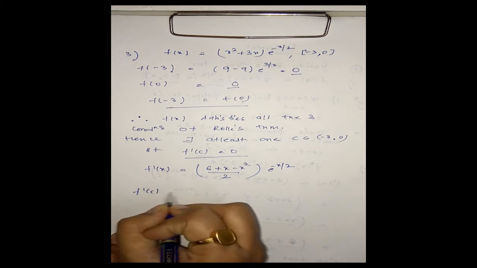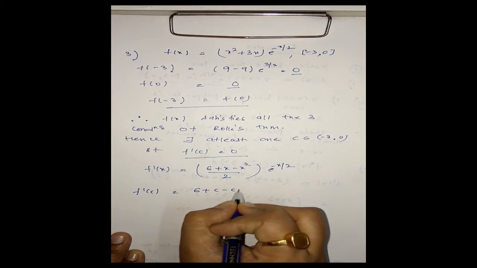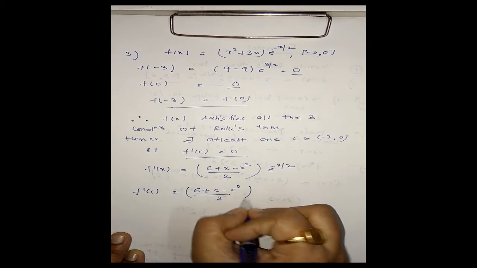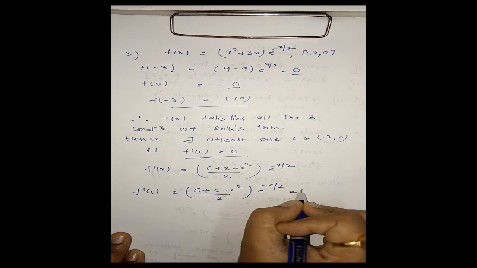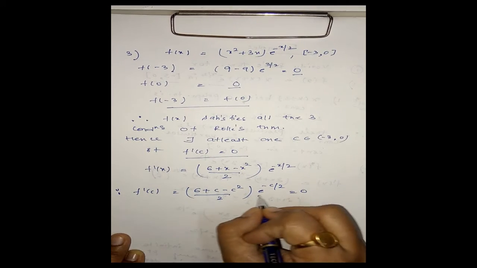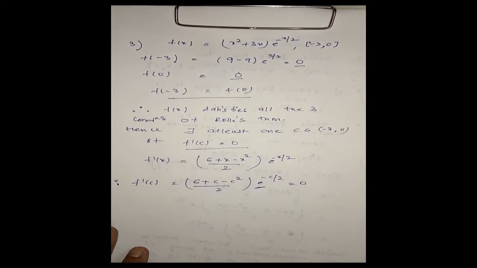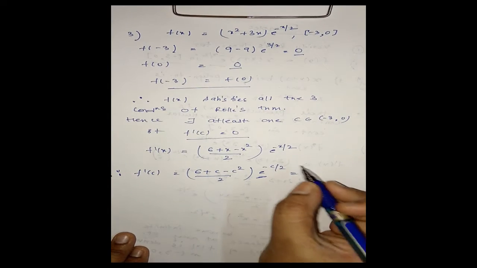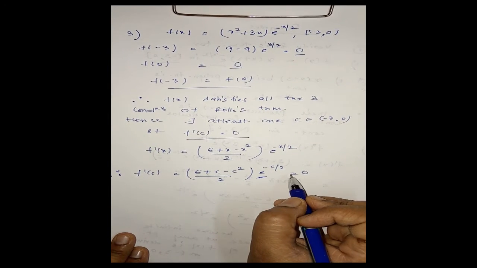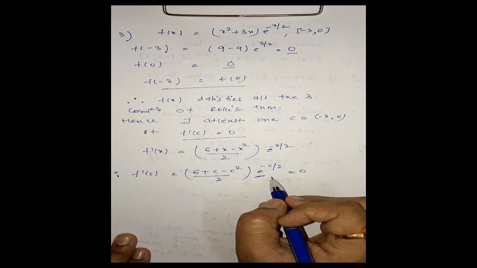That means f dash c, (6 plus c minus c square) by 2 into e to the power minus c by 2, is equal to 0. The exponential is non-zero for any finite value of c.